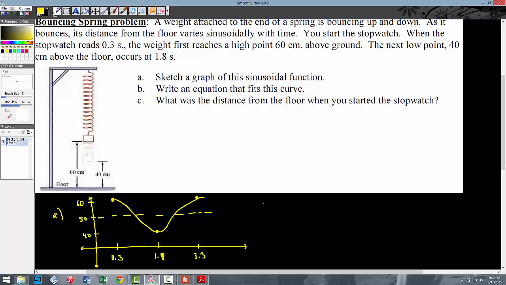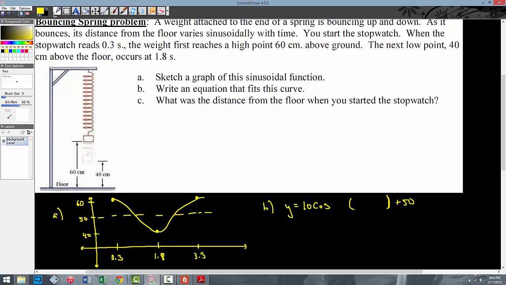Now we have to write an equation that fits this curve. The equation, well, now we're just back to the last couple of examples. Y equals, now remember, with these problems you only have to write one. You're not required to write one for sine also. This looks like cosine, which is pretty obvious. I know that my vertical shift is 50, and my amplitude is 10. All I have to do is figure out what the period is.